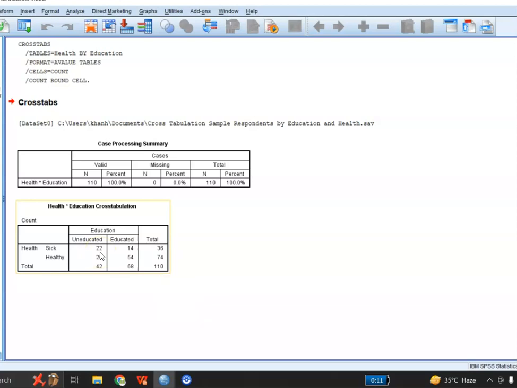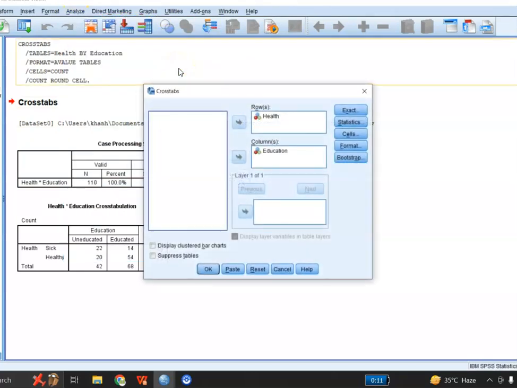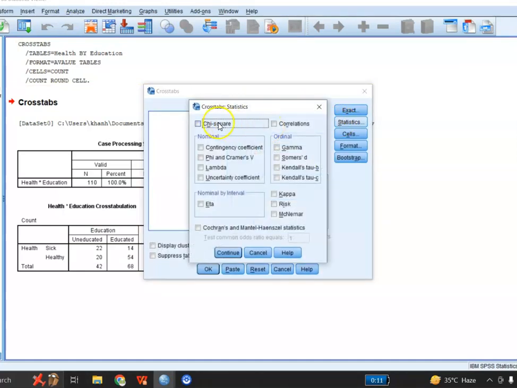Now if you want to assess whether these two variables have any association between them, we cannot say without using a statistical test, and for this purpose we are using a non-parametric test, which is the chi-square test. And in order to do that, let me go back to analyze, and I'll repeat the same procedure, but this time I'll click on statistics and I'll check chi-square.